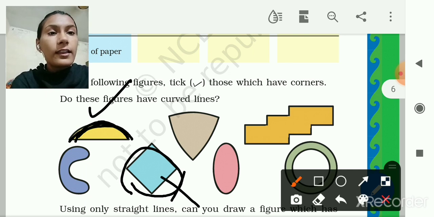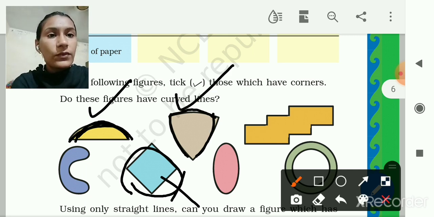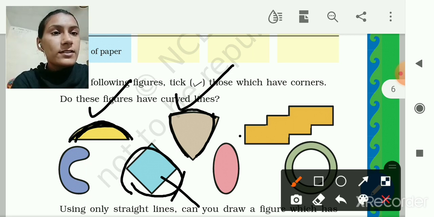Then in this figure, is there a curved line? You can see, yes, 3 curved lines. So tick these figures. Then this one, is there any curved line? No, because here is a corner. So 2 figures have curved lines.